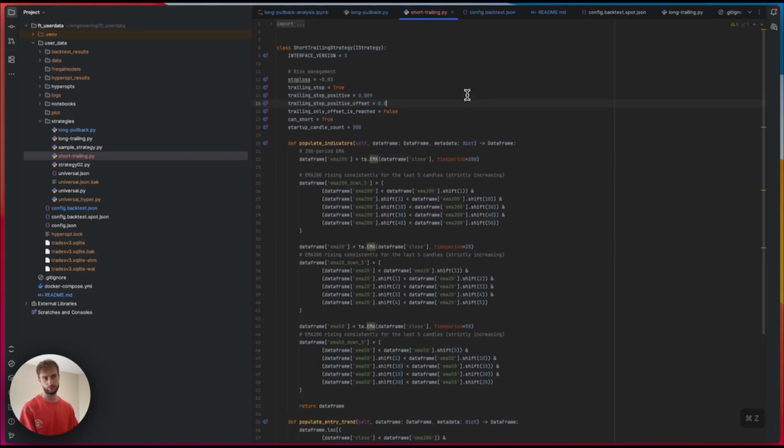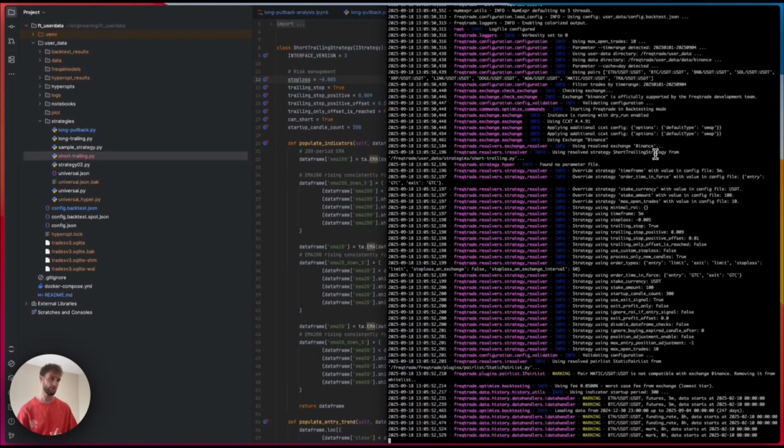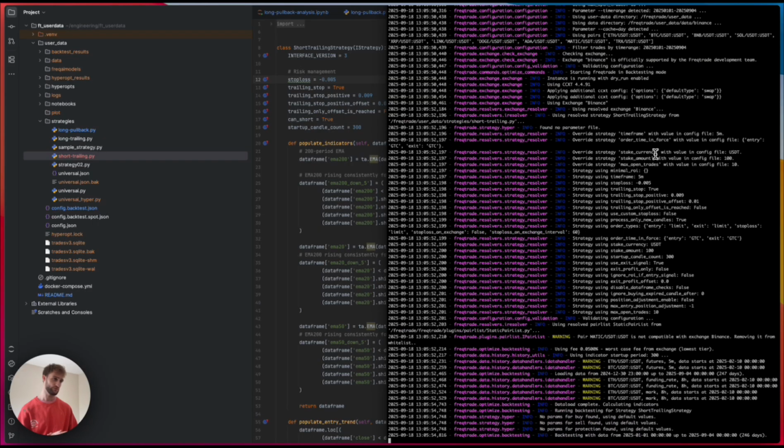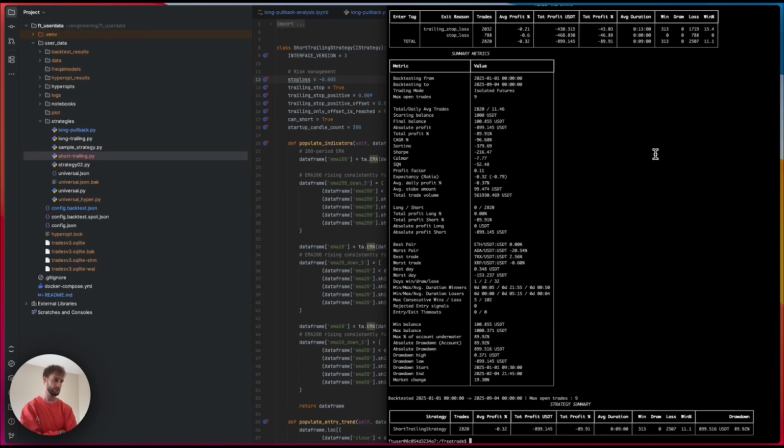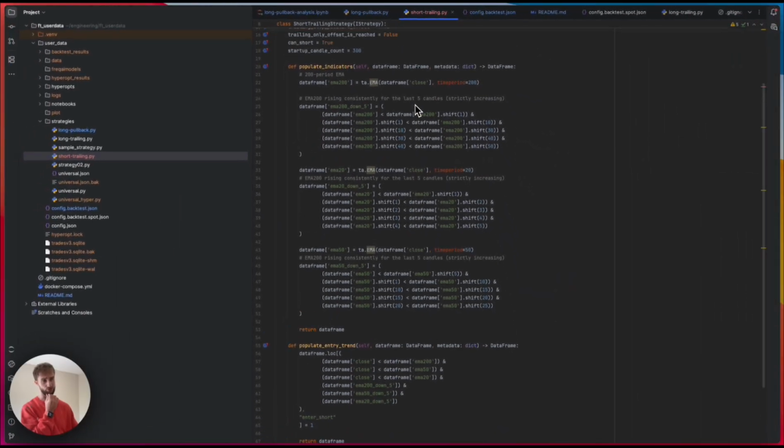Let's return it back to 1%, and let's have the stop loss really small, like 0.5. That way we dramatically decrease our losses, aiming for our profit to compensate for them. And we'll see how much we generate here. No, it's crazy. So I would say a short trailing strategy will not work the same way as long trailing.